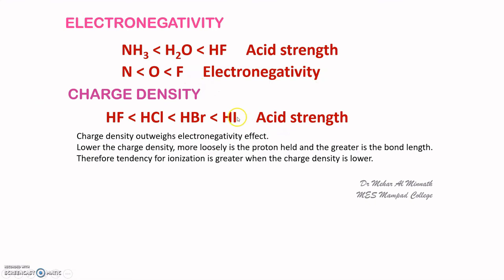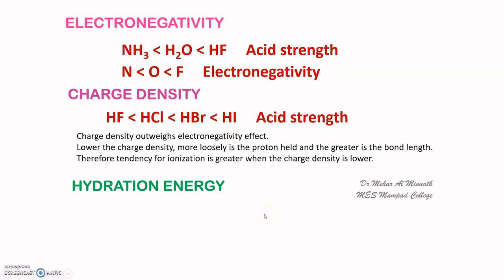Here the charge density outweighs the electronegativity effect. When the charge density is lower, the proton will be loosely held and easily released. So in HI the charge density is lower, ionization is greater, and HI is more acidic.